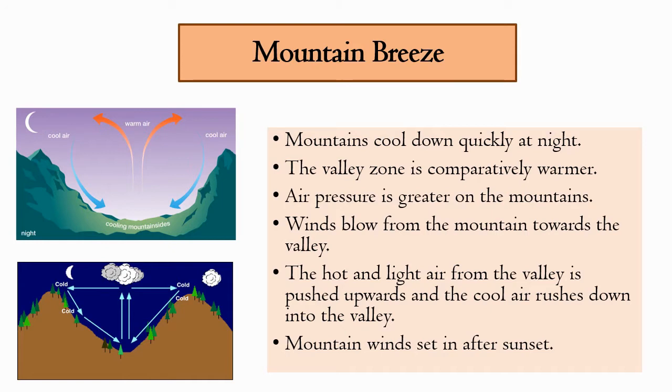Valleys take time to cool down, so the temperature here is high compared to mountain tops. Therefore, air pressure is greater on the mountains. Winds blow from the mountain towards the valley because air flows from high pressure area towards low pressure area.